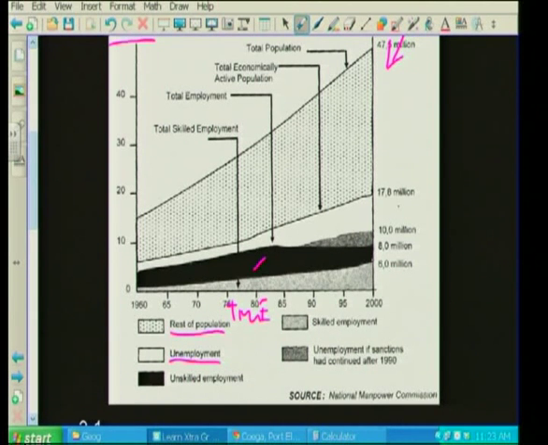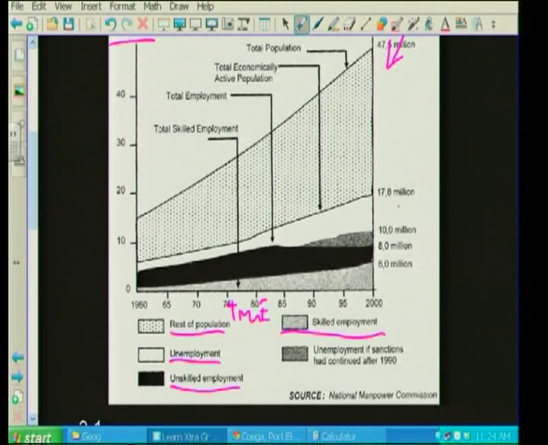Then the black area, all this stuff over there from left to right, shows us the unskilled employment. People who are employed but they're not trained, they haven't been past matric, or they don't have a degree, etc. They're not necessarily fitters and turners or plumbers or electricians. They haven't gone and studied a trade and got a further qualification past school.